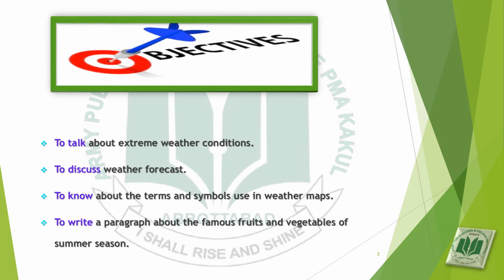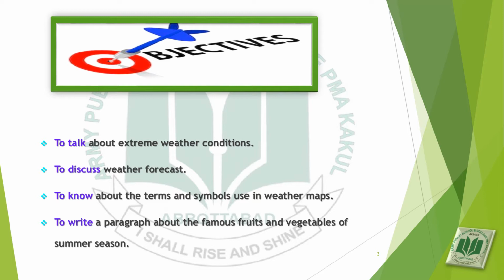Students, it would be quite fruitful for you to see the learning objectives of today's lesson before we formally start it. So let's come to the learning objectives. First, you will be able to talk about extreme weather conditions. Second, to discuss weather forecast.